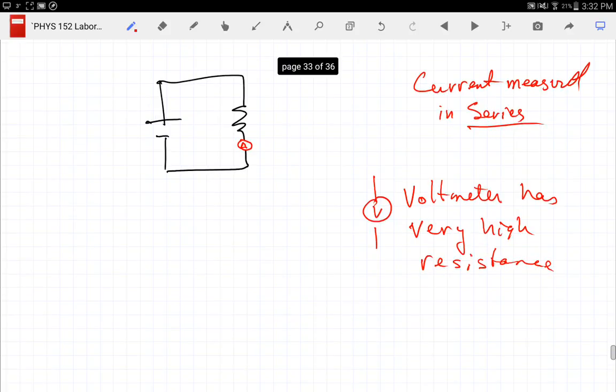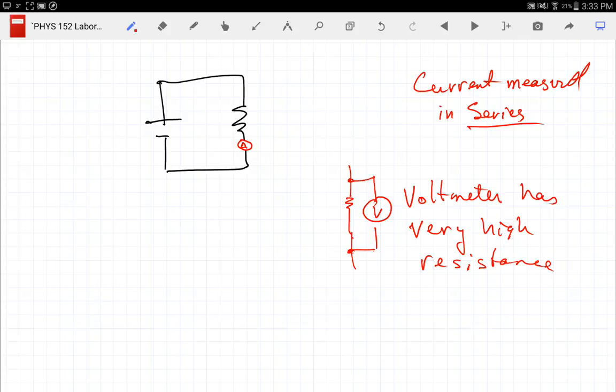So you take your voltmeter and you put it in what kind of arrangement with the resistor? I want to measure the voltage across the resistor. How do I connect my voltmeter with that resistor? In parallel. So I'm going to take this voltmeter and put it in parallel with the resistor. I have the same voltage across both of those, right?